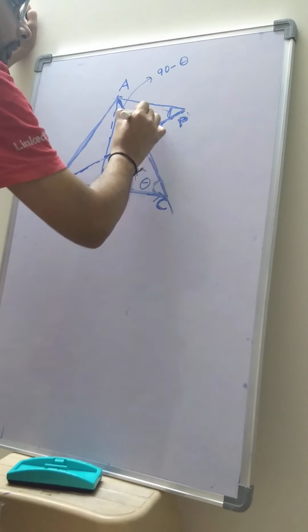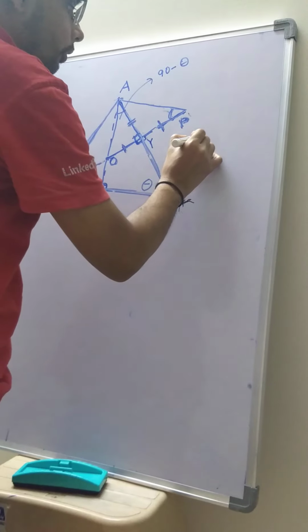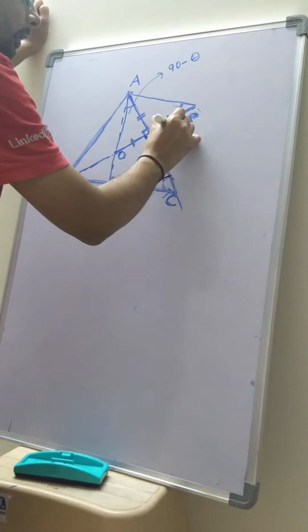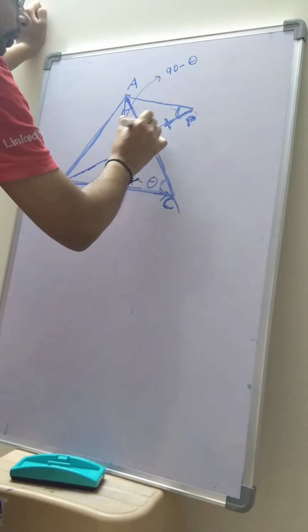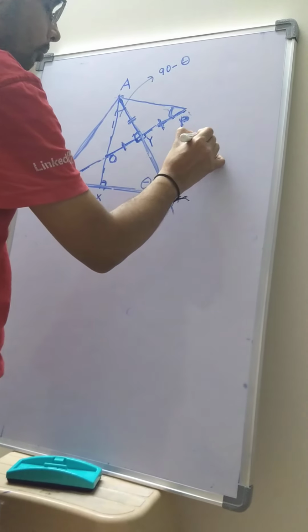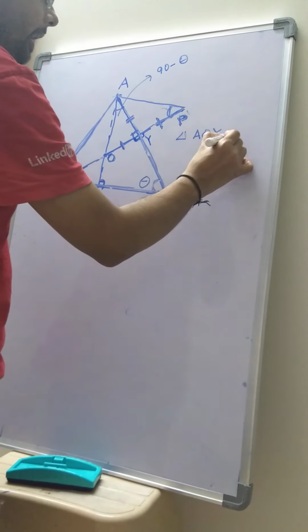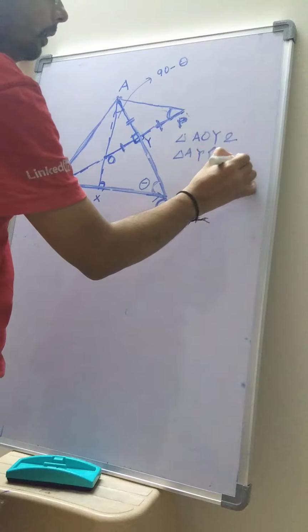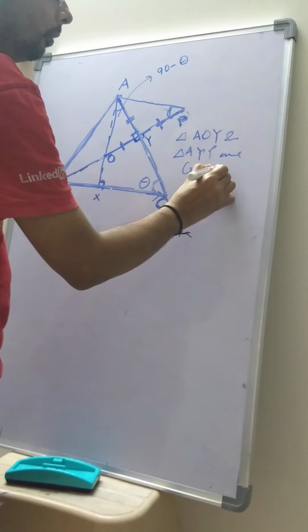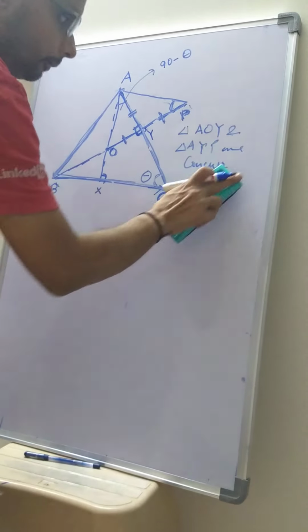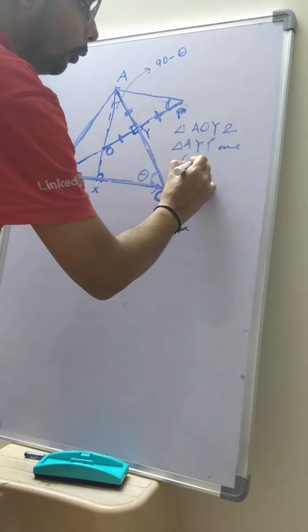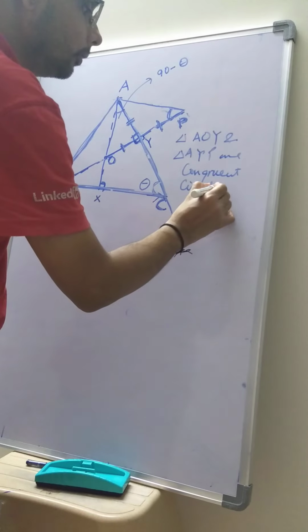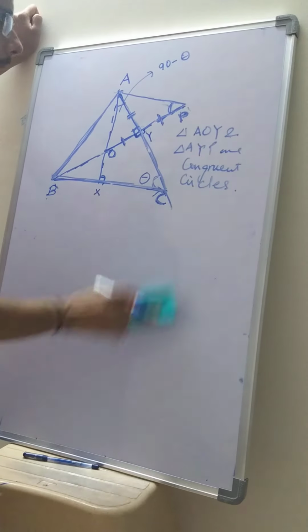So if you apply the congruent triangle theorem on this, triangle AOY and triangle AYP are congruent triangles.